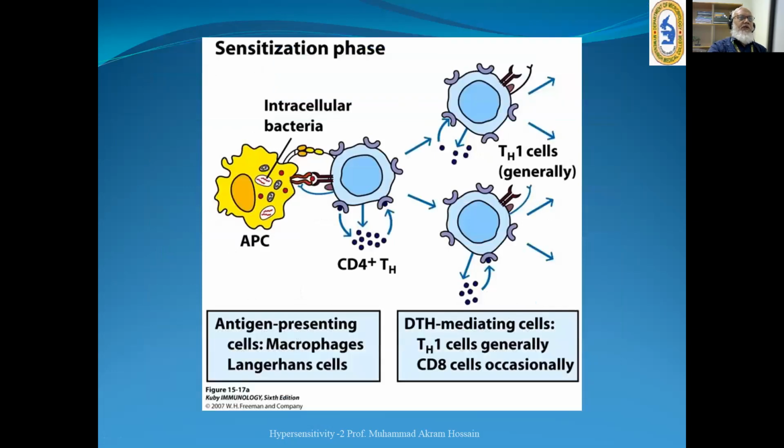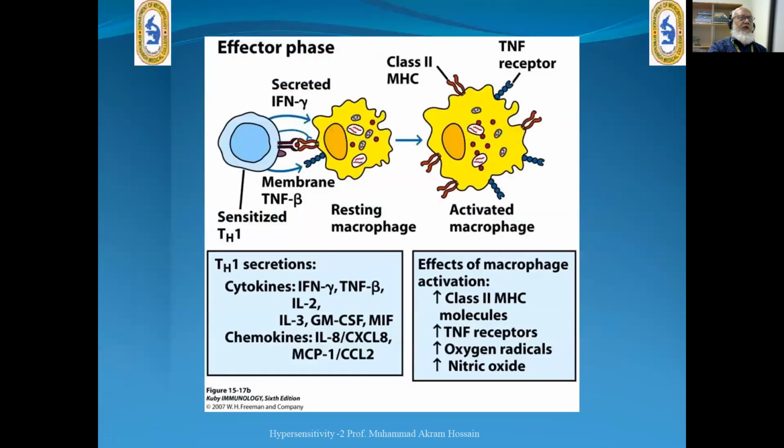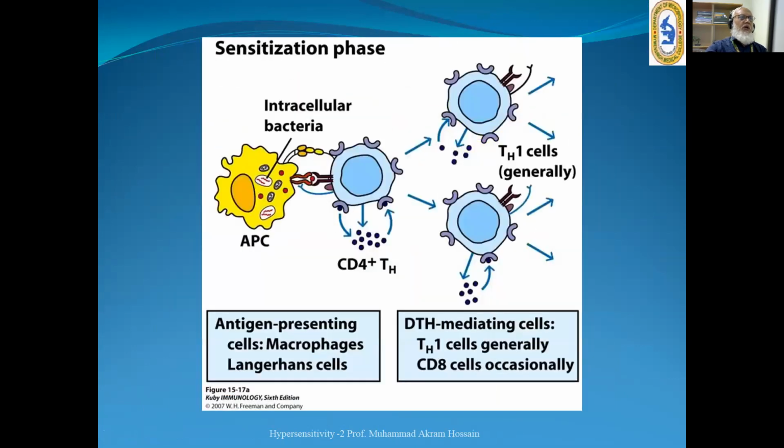And there are two phases: the sensitization phase and the effector phase. In the sensitization phase, intracellular bacteria or intracellular microbes are presented to the T helper cell. The T helper cell becomes Th1, and Th1 also recruits CD8 occasionally, and they secrete cytokines and sometimes macrophages.